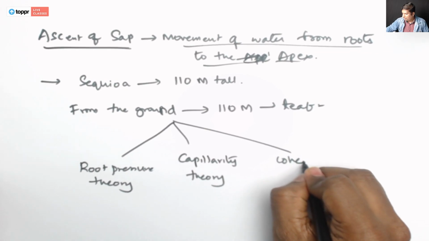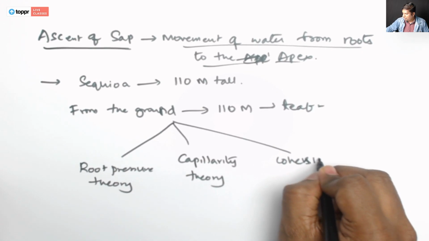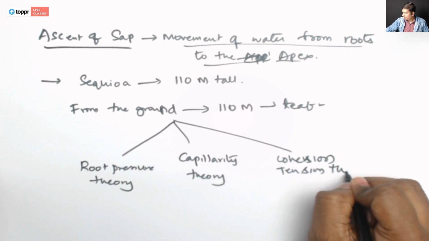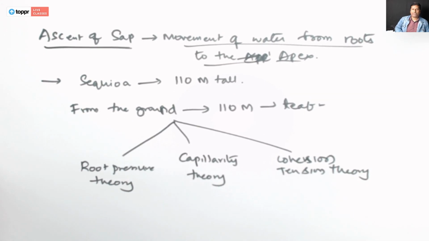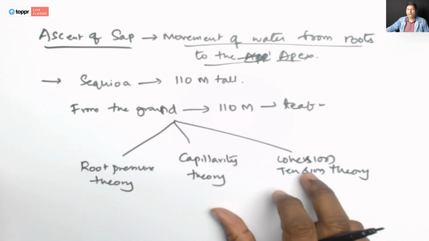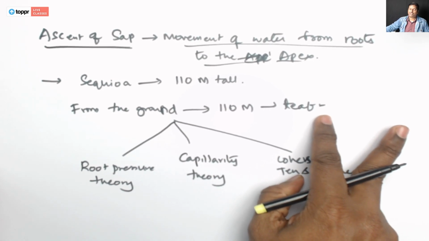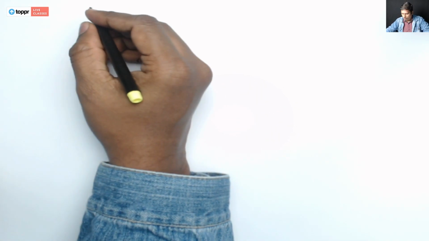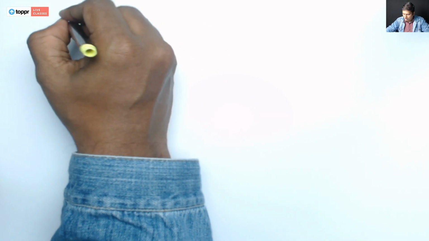Then you have the cohesion tension theory. These are the three theories proposed to explain how the water is moving to such enormous heights. We'll start with the first, your root pressure theory.